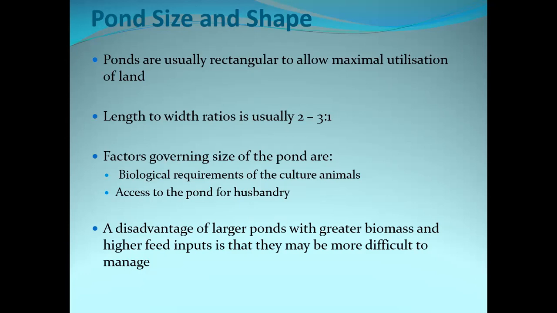A disadvantage of larger ponds with greater biomass and higher feed input is that they may become more difficult to manage. So you really want to have a size restriction on your ponds, for logistics, obviously.